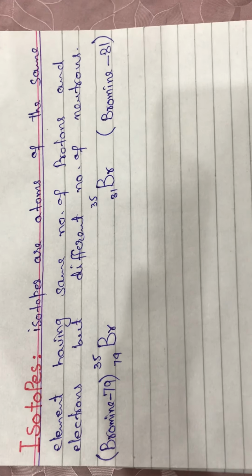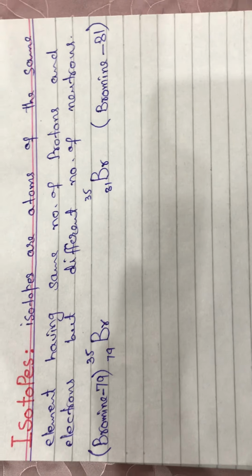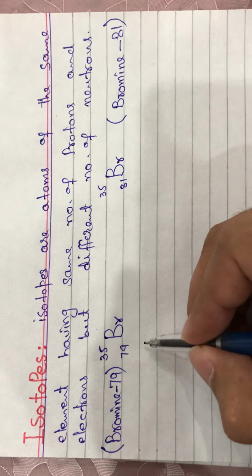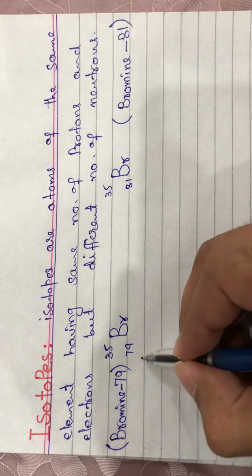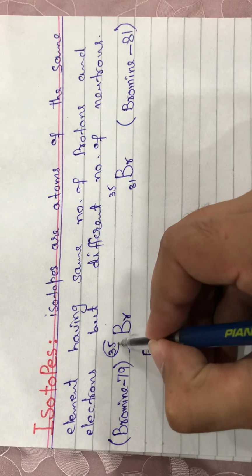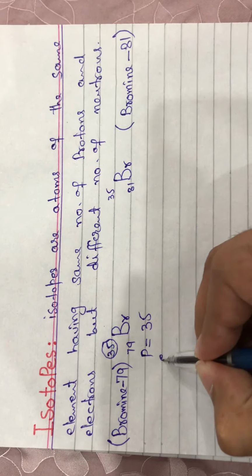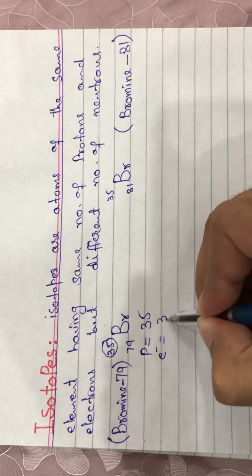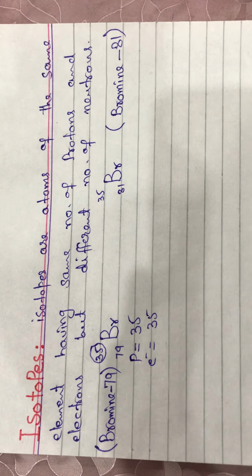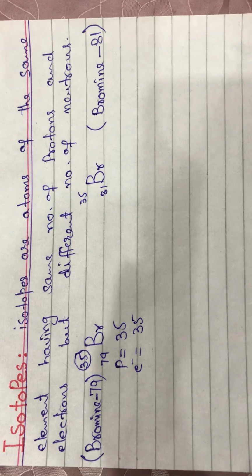Now talking about its number of protons, electrons and neutrons, that you have already calculated in your previous lessons. Its protons are equal to its atomic number, so 35. Number of electrons is 35 as well, because you are familiar that an atom is electrically neutral.